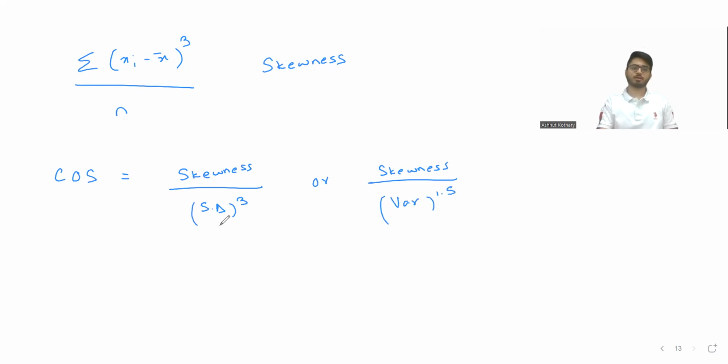This SD is a short form for standard deviation. So this becomes my coefficient of skewness.